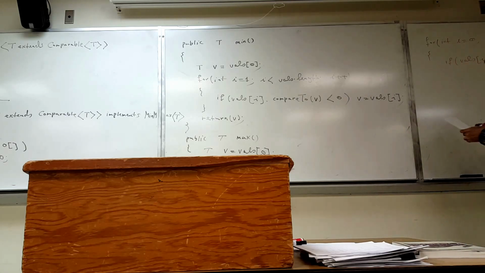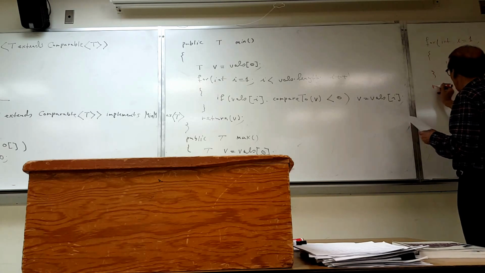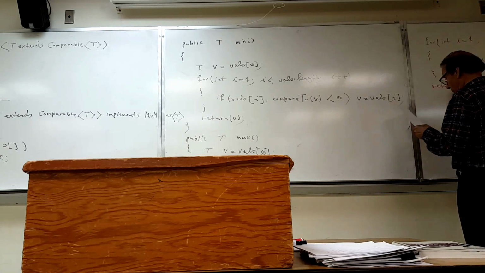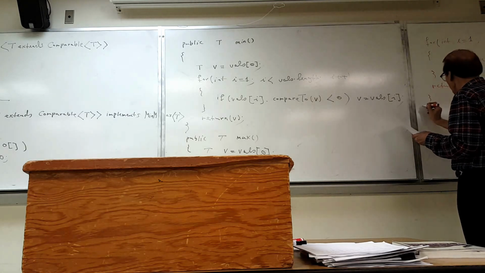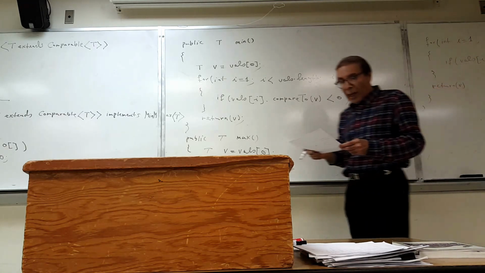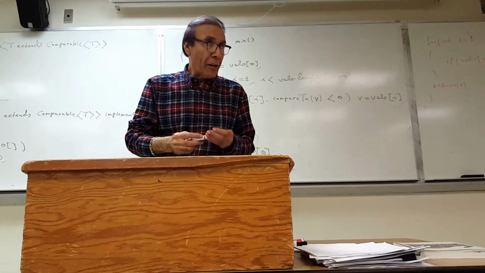Is there supposed to be 0 or 1? Init I. Oh, my mistake, sorry, guys. It should be 1. Return V, and that is the class that implements min and max.